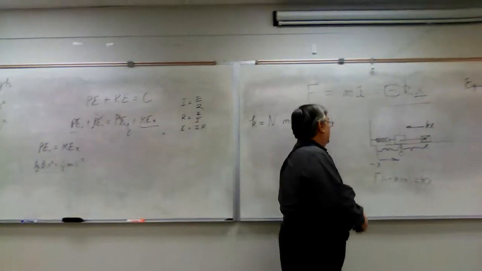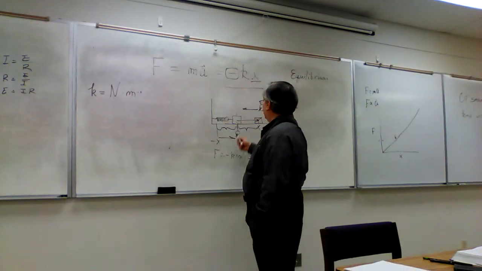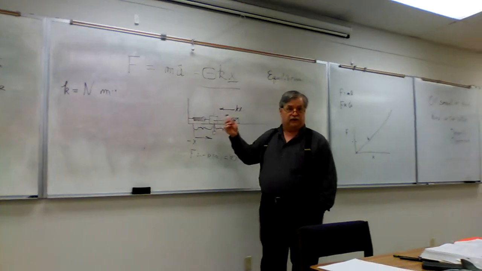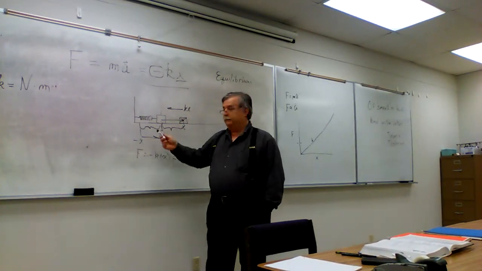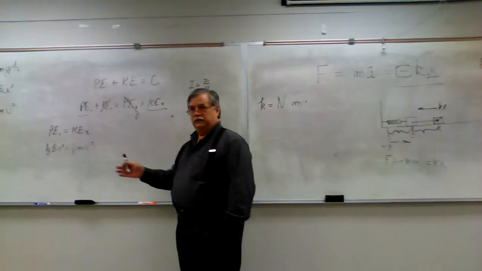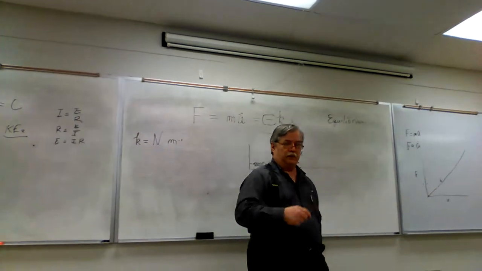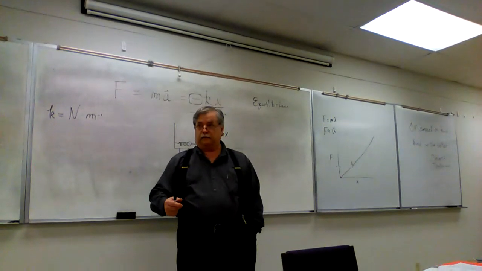Anyway, that's how you would determine how fast the mass is moving as it passes the equilibrium point. But as soon as it does, its displacement is now going to start moving into negative territory, which means the force that the spring is exerting on it is now what?